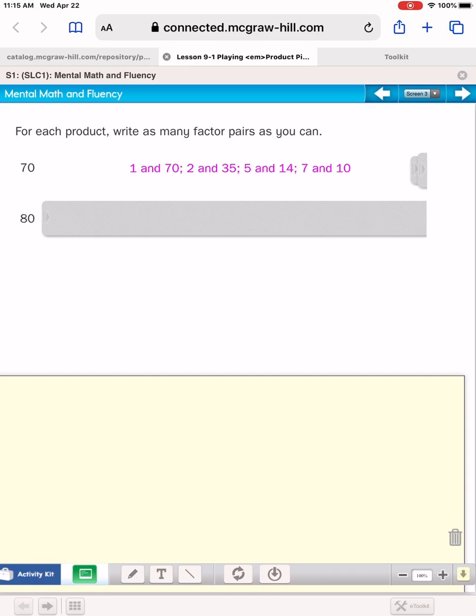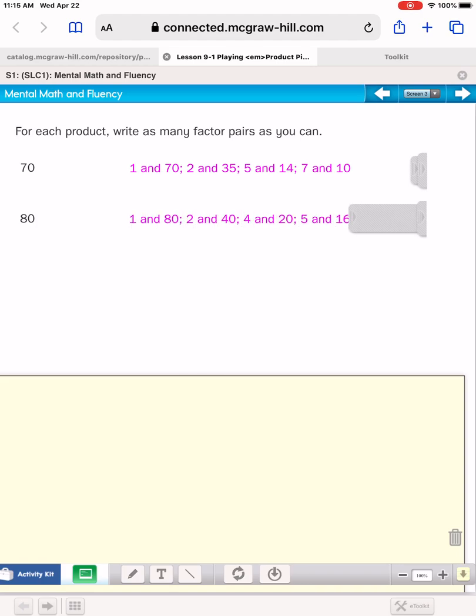And finally, how many factor pairs can you write down for the number 80? There are 5 factor pairs for 80. They are 1 and 80, 2 and 40, 4 and 20, 5 and 16, and 8 and 10.